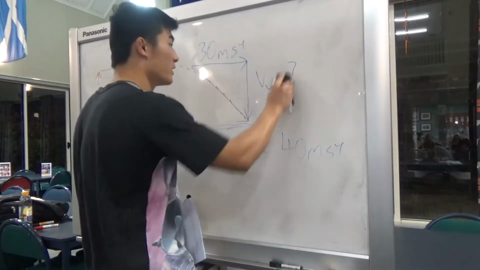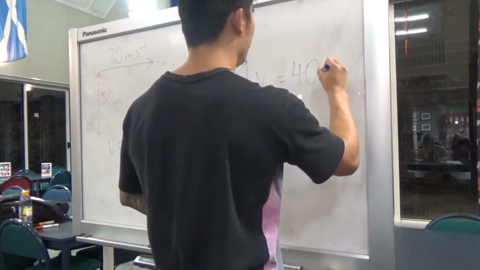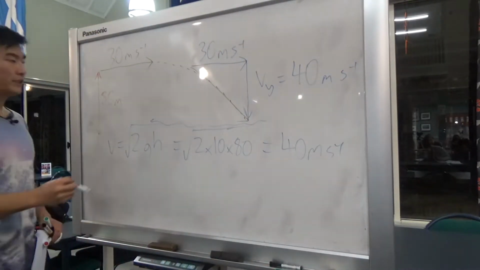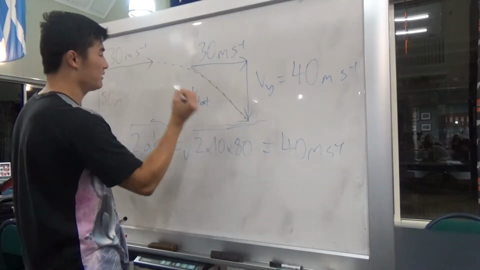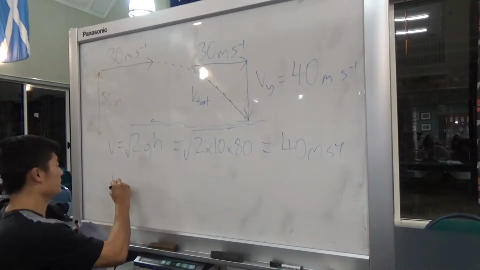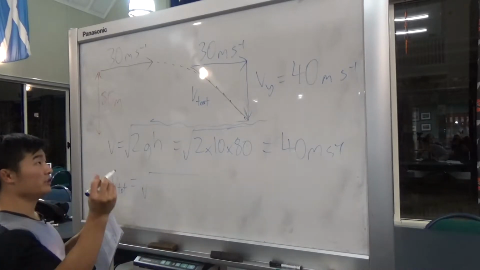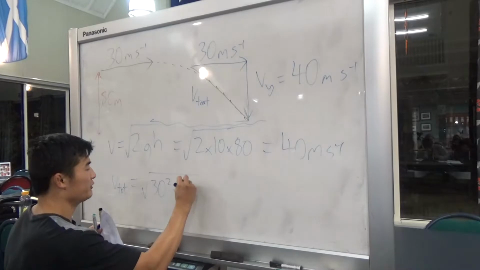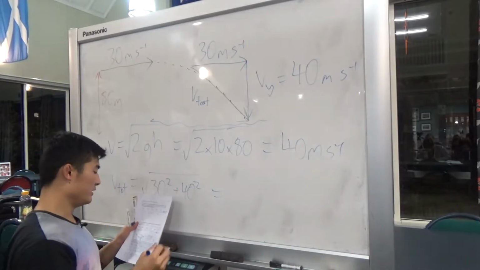So our vertical velocity when it hits the ground will be 40 meters per second. And so then the speed with which it hits the ground, our V total, is equal to the square root. So we're going to use Pythagoras, 30 squared plus 40 squared, which will be 50.